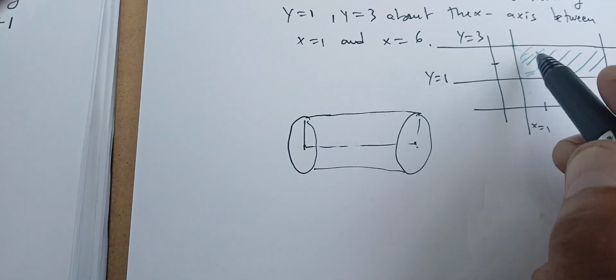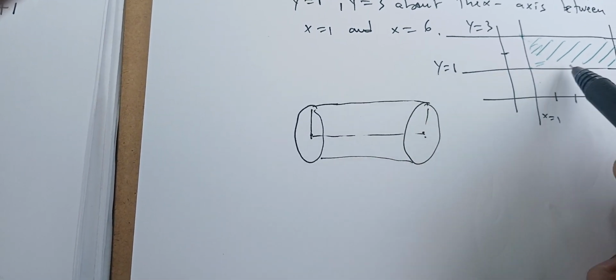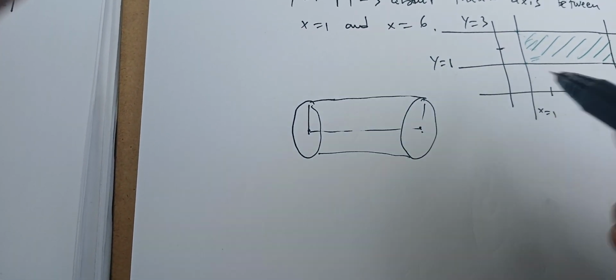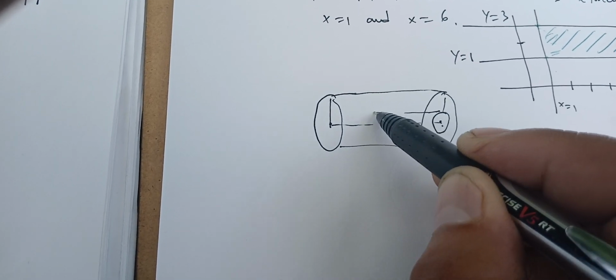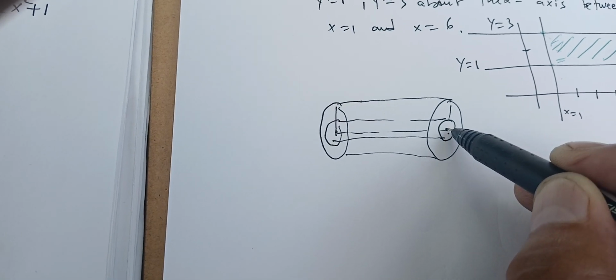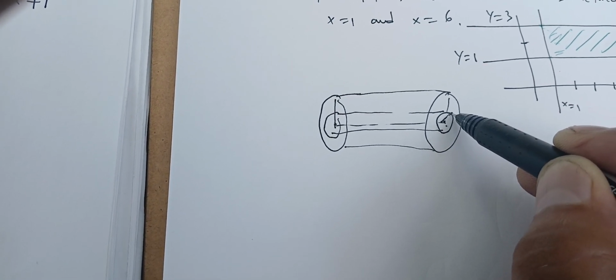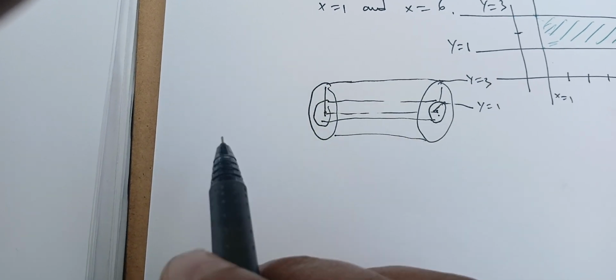But when we rotate this one, y equals 1, we are rotating this region, and we're going to obtain a smaller cylinder. So in this case, this is y equals 1, and this is y equals 3.